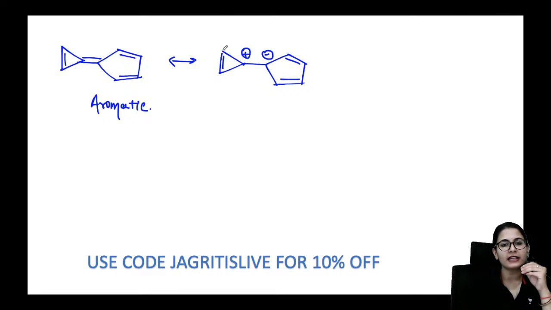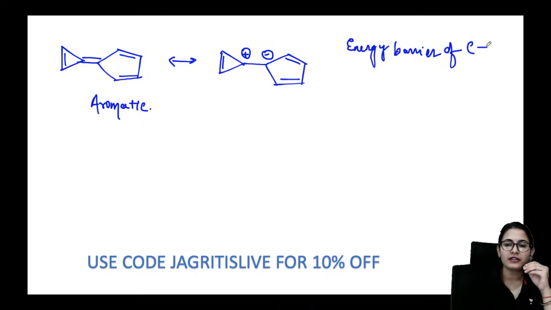Because it can lead to two charged rings which are aromatic. So we can say that the energy barrier of rotation is very low. The energy barrier of carbon-carbon bond rotation is very low.